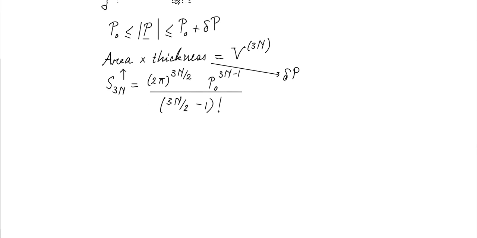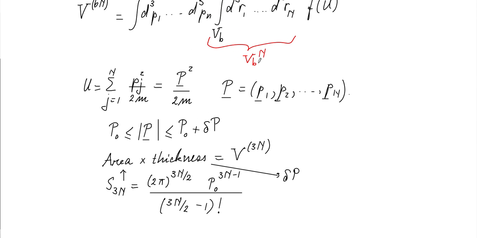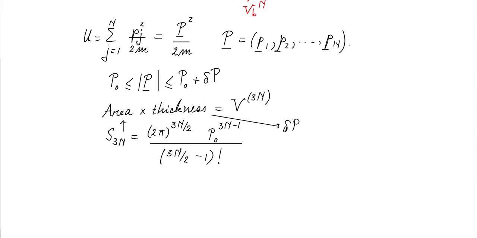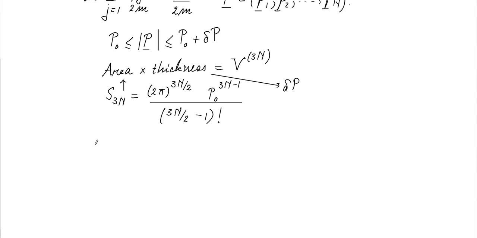So if we now combine everything, then we need to multiply this VB to the power n by this S3n and by the thickness. Then we have the volume, and we then have immediately the number of configurations, the number of states, which is omega, which we get as a function of u, n and the volume of the box. And it is VB to the power n divided by h to the power 3n. It was necessary to divide by this.